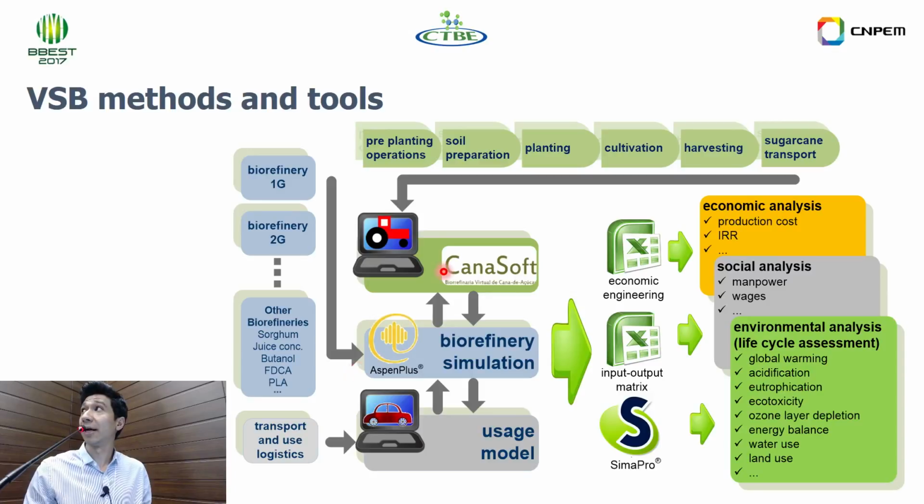And also with Canasoft, which is the agricultural model. The outputs of Canasoft, Aspen Plus, and the usage model provide inputs to the group of 3 assessments we have. On the economic analysis, we depend on economic engineering spreadsheets, and when we talk about social analysis, for example, we depend on a macroeconomics-based tool, which is the input-output matrix or input-output analysis.